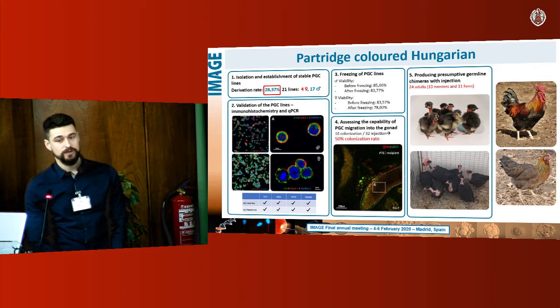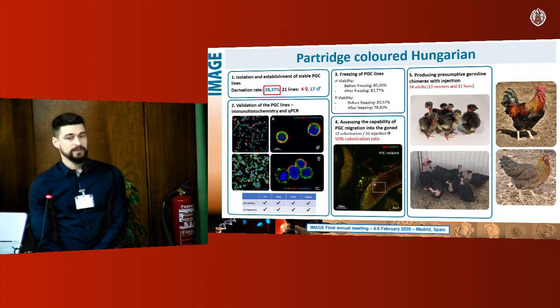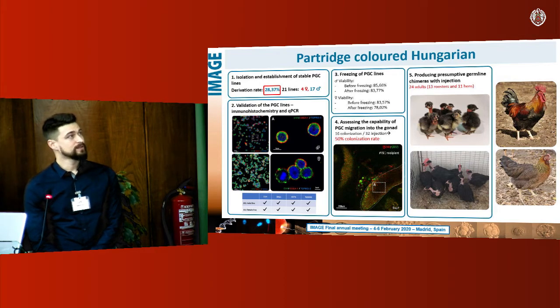We used immunohistochemistry with germ cell specific antibodies and also qPCR with stem cell and germ cell specific markers, just to be sure that our cells are good quality and truly primordial germ cells. After that, we did an in vivo migration test just to make sure that these primordial germ cells are able to migrate into the developing gonad. So it was kind of a functionality test.